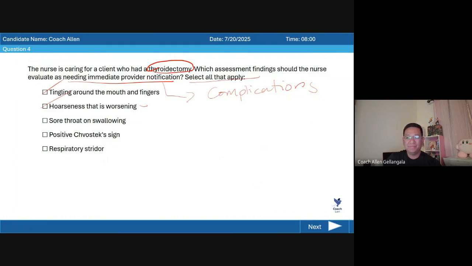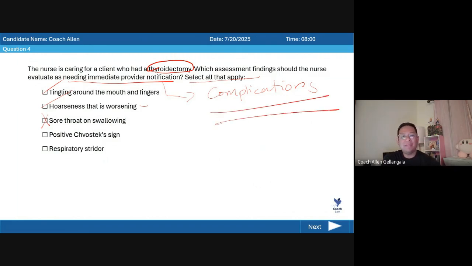Okay, so if there is a sore throat when you're swallowing, is it expected that it's painful when you swallow post thyroidectomy surgery? Yes. So that is not included. Why? We report only possible complications to the provider.